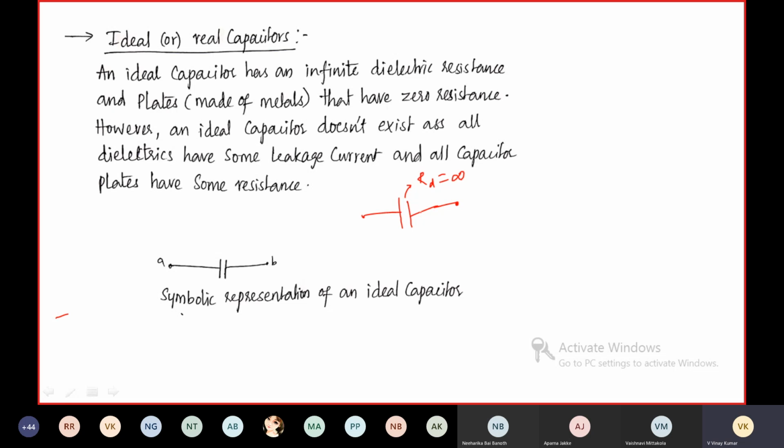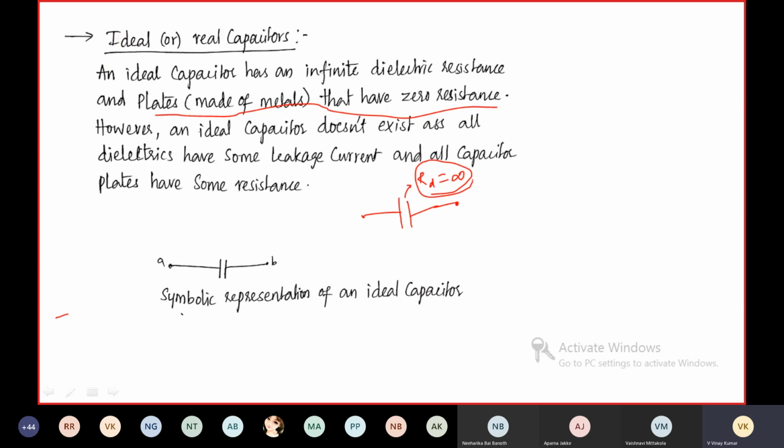And one more thing, the plates. In the ideal case, plates have zero resistance. So an ideal capacitor doesn't exist, as all dielectrics have some leakage current. Because Rd is not equal to infinity in practice.